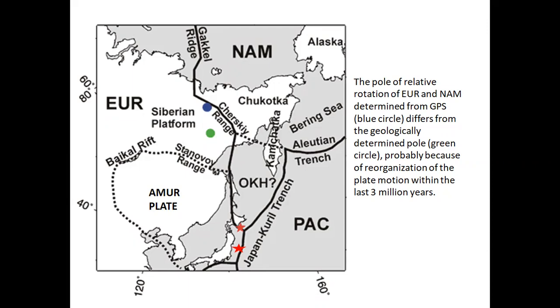After all, there's been some relative reorganisation of plate movement within the last few million years, and the geology tends to show an average over 50 million or so years, hence the difference between what is actually happening today and what happened in the last 20 million years. This diagram shows fairly clearly where that boundary is going off into the Arctic Ocean.